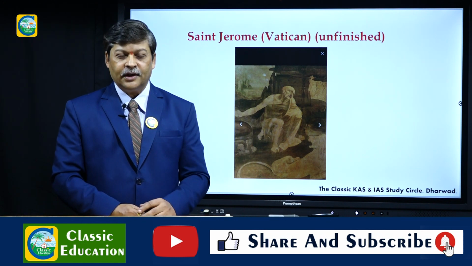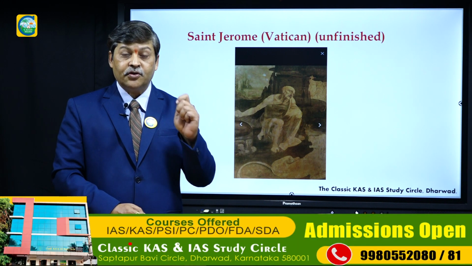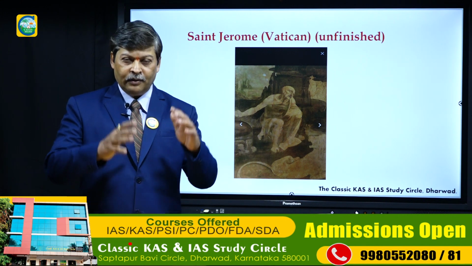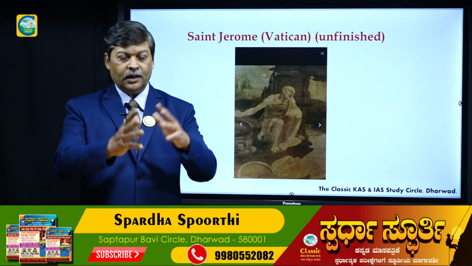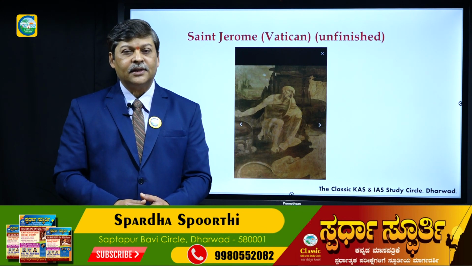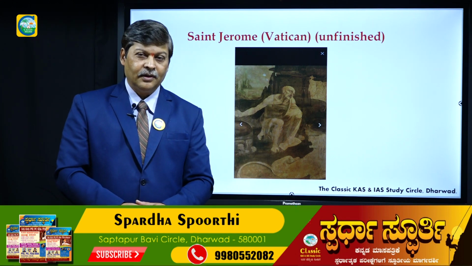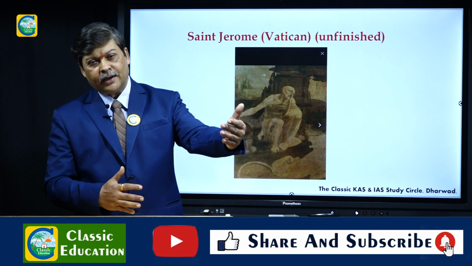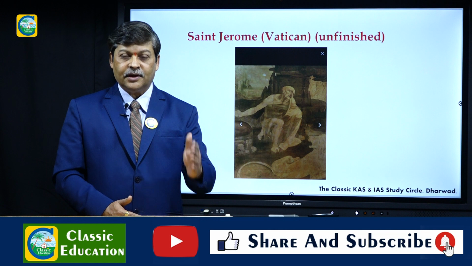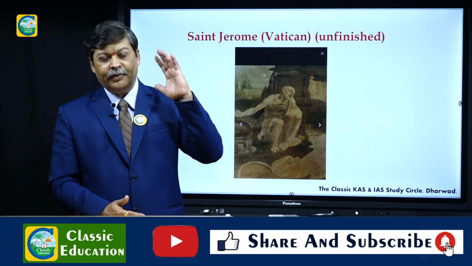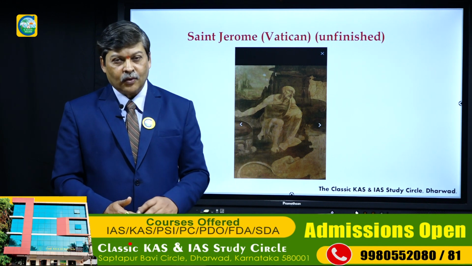Rome was partitioned, and a part of Rome was declared the residence of the Pope, which came to be known as Vatican City. It is within Rome only, but it now has an independent status as a country, Vatican City, where the Pope resides and where we have the famous St. Peter's Basilica. It is in Rome.